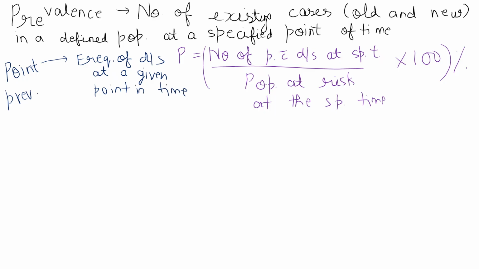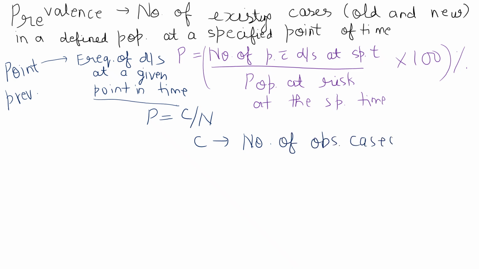This applies when data has been generated at one point of time. Point prevalence P is equal to C by N, where C is the number of observed cases at time t, and N is equal to population size at the time t.